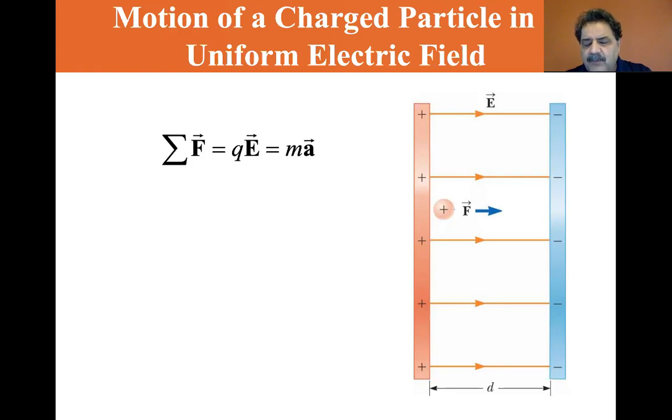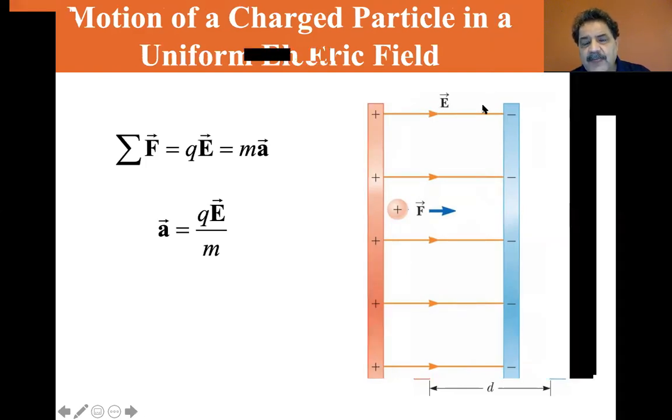Also, we know from Newton's second law that the force is equal to the mass times the acceleration. So if we solve for the acceleration, the acceleration is force divided by mass, with the force being QE, so a equals QE over m. And that actually ends our discussion. I'm going to go on and do a problem to show how to use this information.